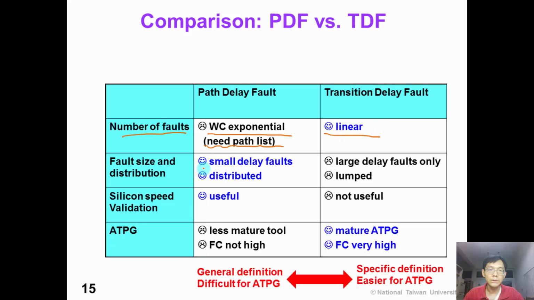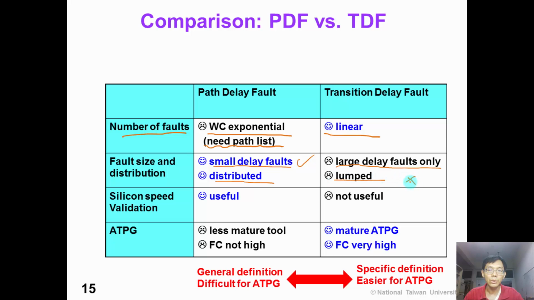In terms of fault size, path delay fault assumes a small delay fault that is distributed along the path, which is more realistic for real defects. However, transition delay fault assumes the delay fault size is large and lumped.